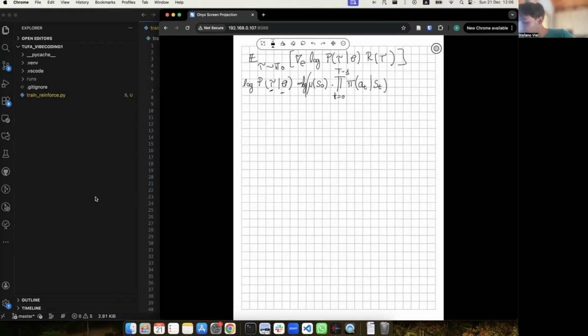So we need to take that into account, and here we multiply by the probability of ST plus 1 given ST, AT. But the cool thing is that by having the log here, a lot of this stuff simplifies, because the log turns multiplication into addition.